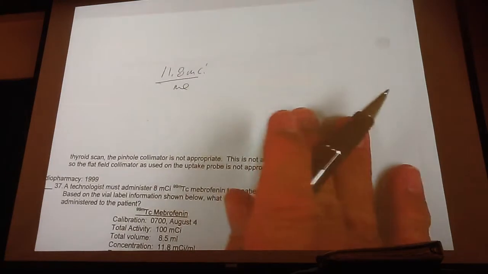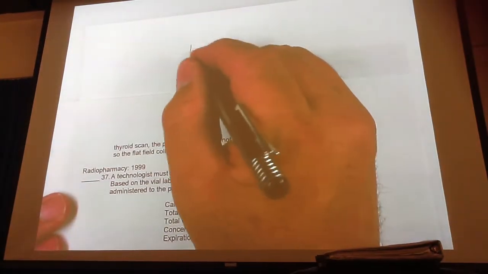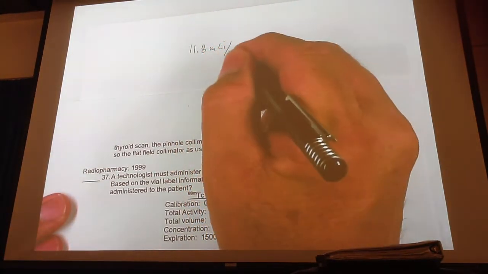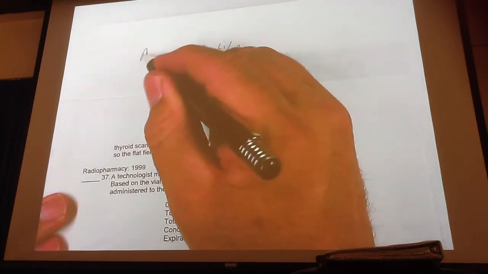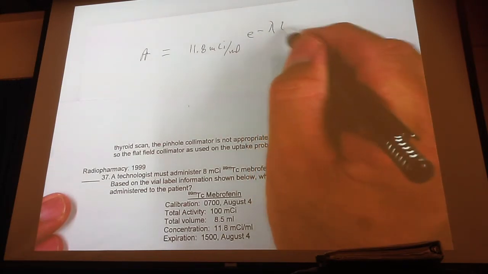And we're going to use our formula: activity is equal to e to the minus decay constant times time.